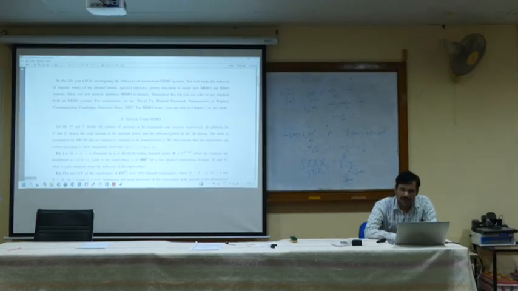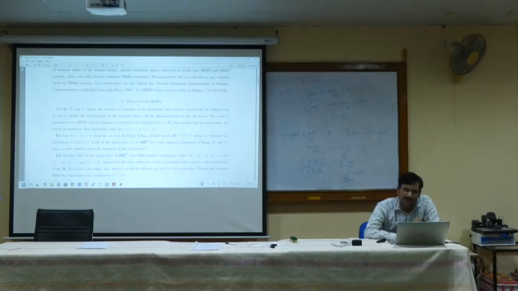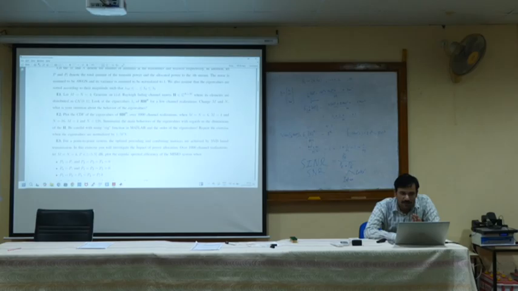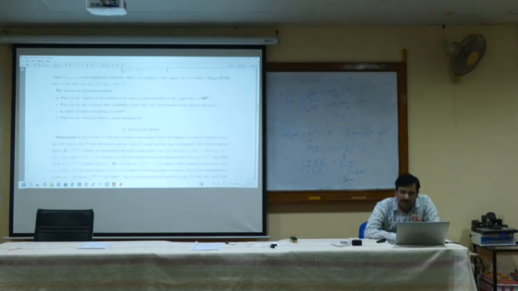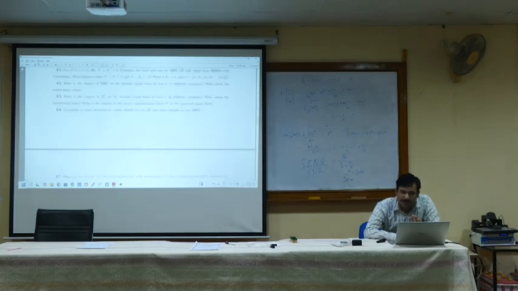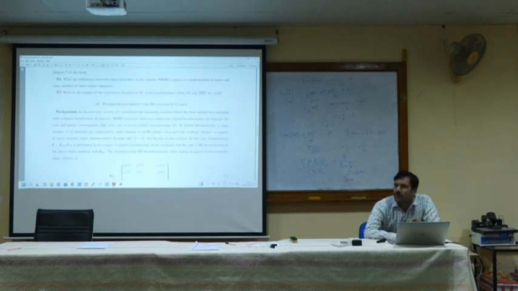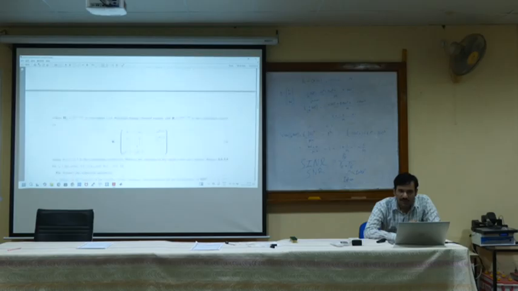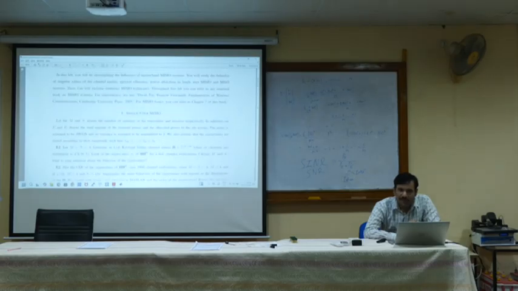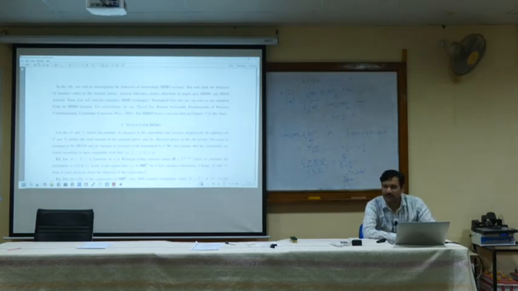This document has 3 sections of MATLAB exercises. One is single user MIMO. Second is multi-user MIMO. Then we have hybrid beamforming for multi-user scenario. So we will go one by one, and we will see in MATLAB.